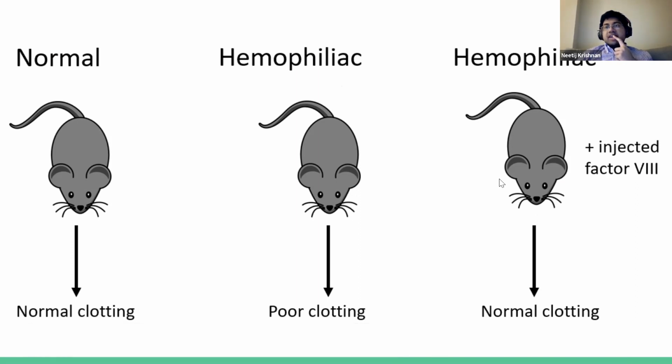And if we had a hemophiliac mouse and then injected factor VIII into the bloodstream, and we saw normal clotting, that would mean that factor VIII is that key feature that is missing in a hemophiliac individual. So this is an example of a rescue experiment, where injecting that factor VIII protein is actually rescuing the hemophiliac mouse and allowing it to clot its blood normally.